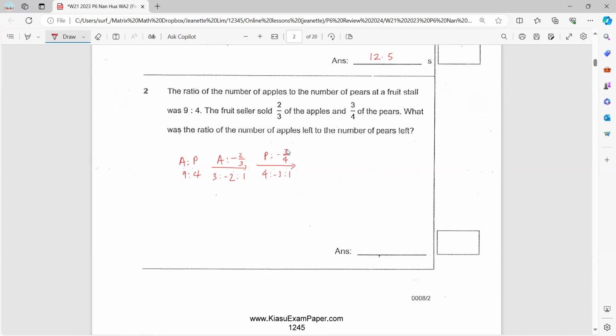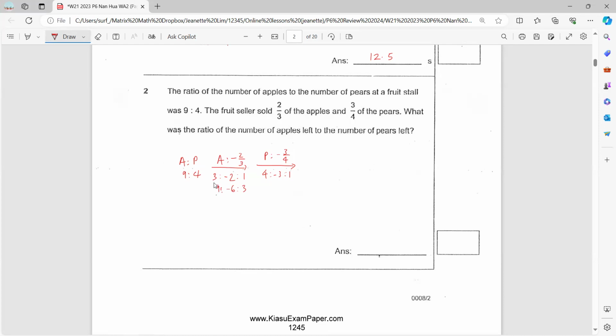With all these ratios, you need to find a common base. What is the common base? This is the ratio at first. When I look at apples, I'll compare it to at first. These two are supposed to be the same thing, so that's your common base. Make it the same. So 9 to 6 to 3, because you multiply by 3.